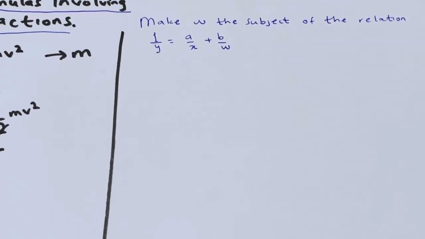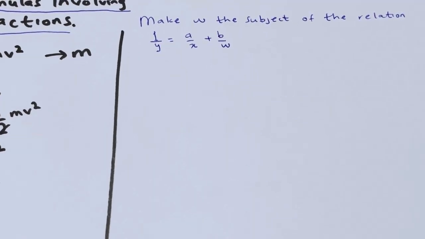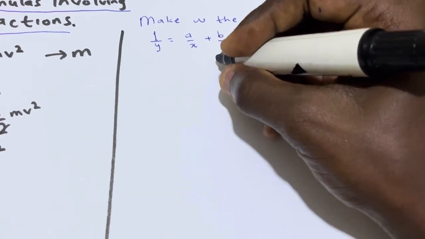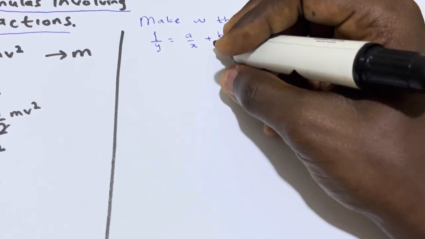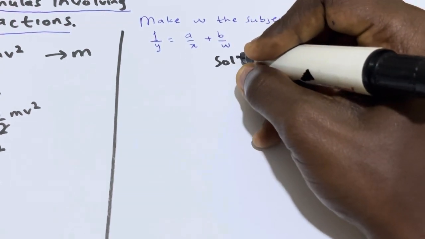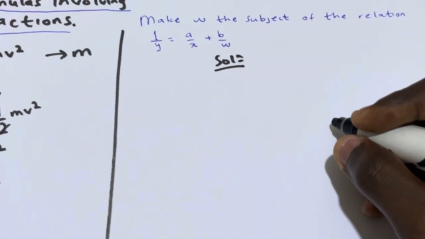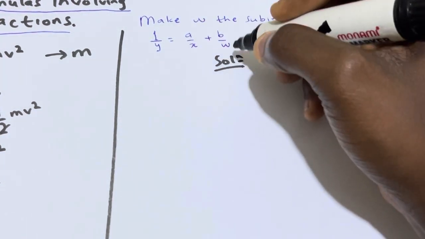Let's pause the video and try to make w the subject in this equation. First, to solve for this, anytime there are fractions, the first thing to note is to find the least common multiple. So write our solution here. The least common multiple here, we have y, x, and w.